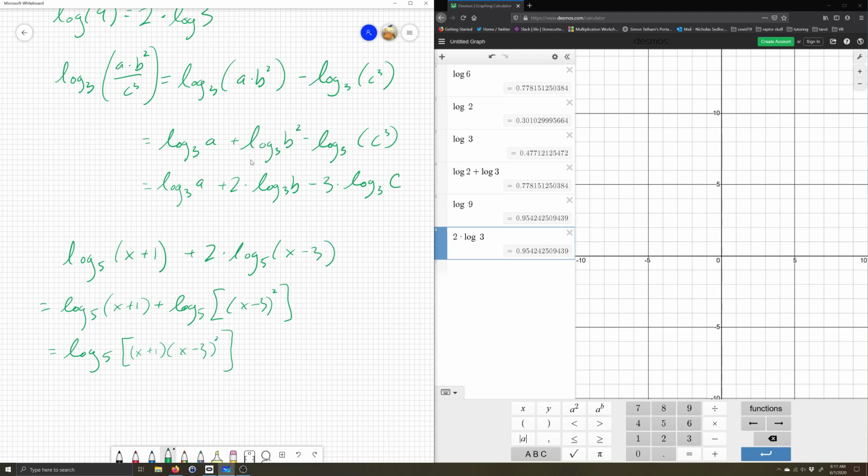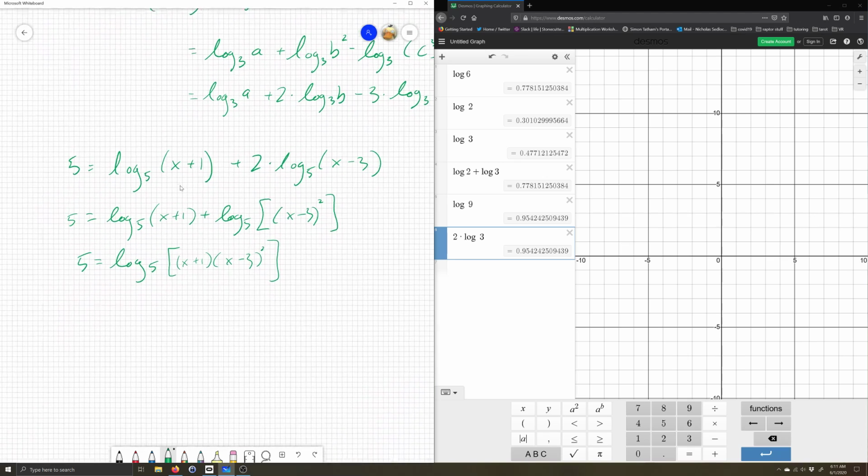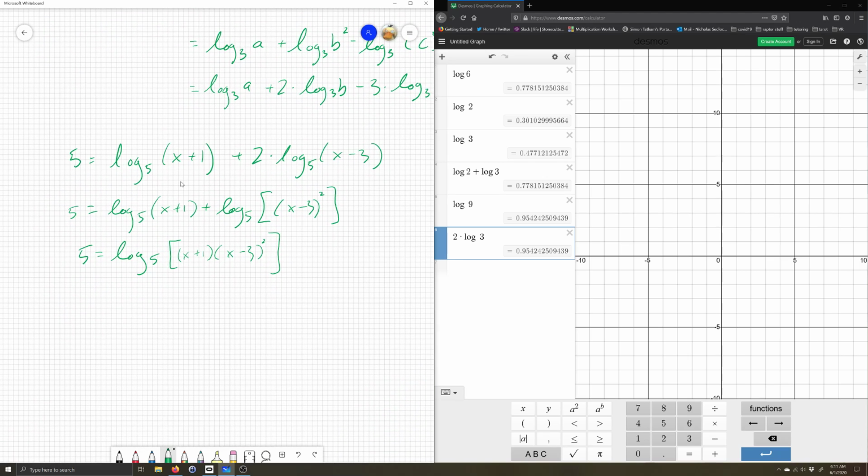And so you can use this process in order to solve equations. Theoretically, I could have said 5 equals this. And so if 5 is the log base 5 of this, I can write it in exponential form.